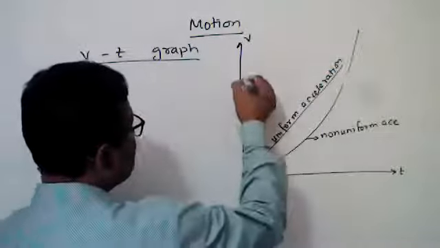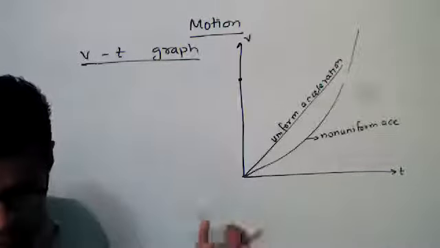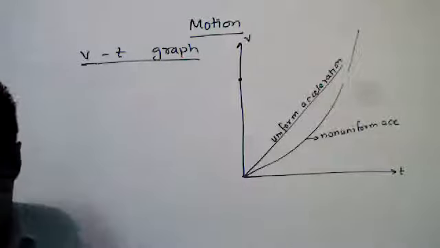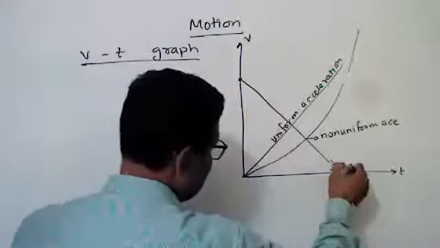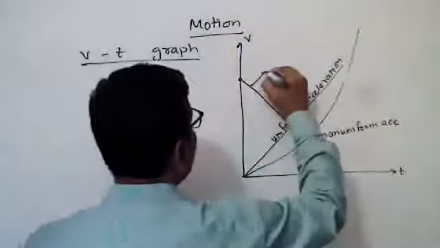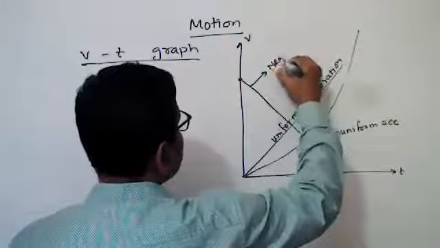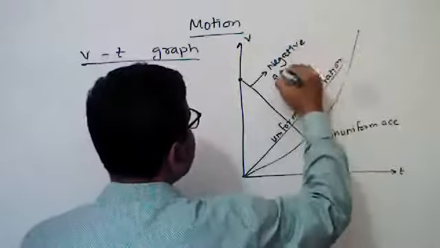Suppose initially the velocity is 25 meters per second, or velocity is v, and after time passes the velocity decreases, so it will be like this line. So this is the negative acceleration.